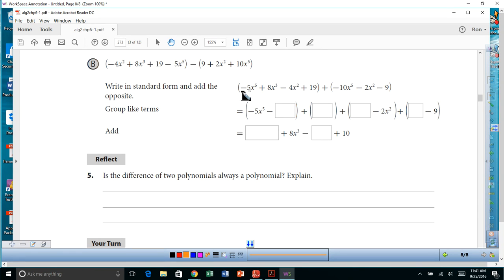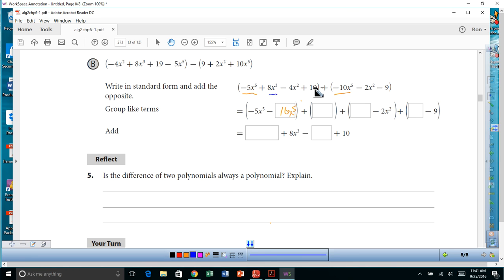So negative 5x to the fifth, minus 10x to the fifth. And then what do we got next here?